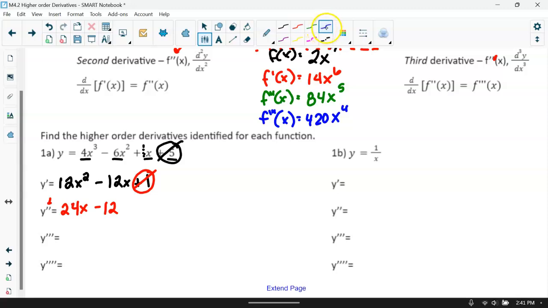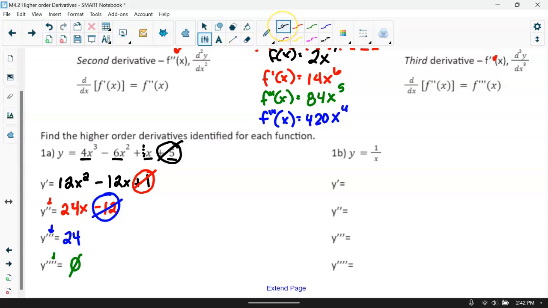Now we find the third derivative, which is 24, and that's it, because the derivative of a constant is 0. If I wanted to know what the fourth derivative is, it is 0, because it's just a constant. The derivative of 24 is 0.